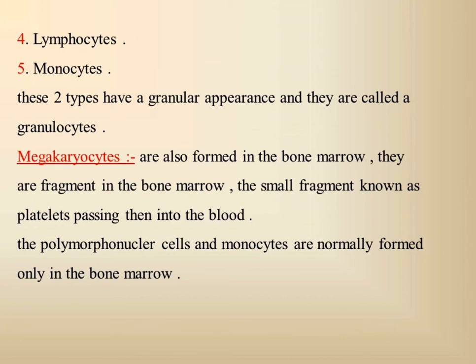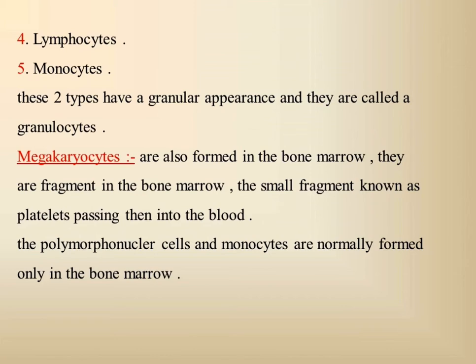Now, what is the meaning of megakaryocytes? Megakaryocytes are the precursors of platelet formation in the bone marrow. They are formed in the bone marrow, and platelets mean small fragments. These small fragments are released into the blood. The polymorphonuclear cells and monocytes are normally found only in the bone marrow.